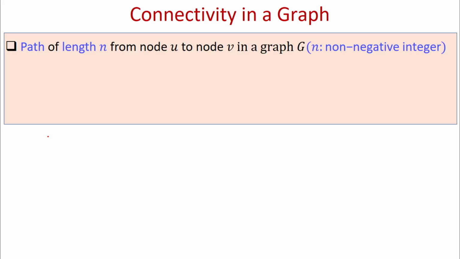Now let us next define the connectivity in a graph. So for that we first recall the definition of a path of length n between a node U and a node V in an undirected graph, where n is a non-negative integer.